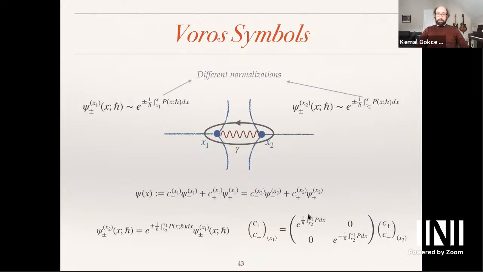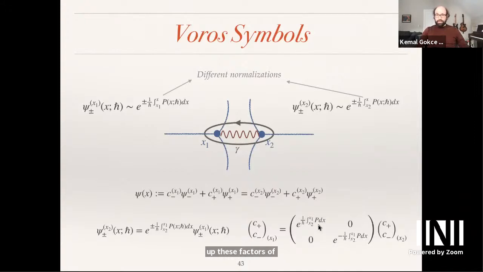Okay? Now this is going to be important because I want to patch what happens at this turning point and what happens at this turning point. And if I want to use those simple matrices, I want to change my normalization. And when I do that, I will pick up these factors that are given here.